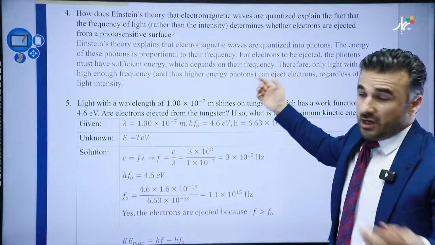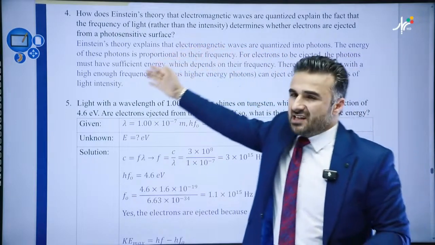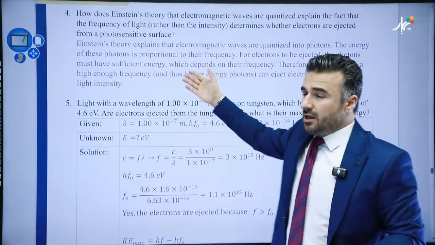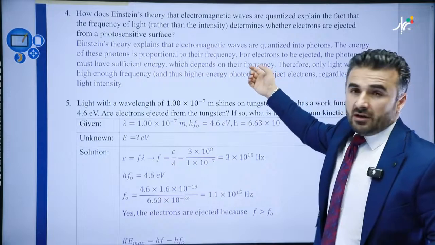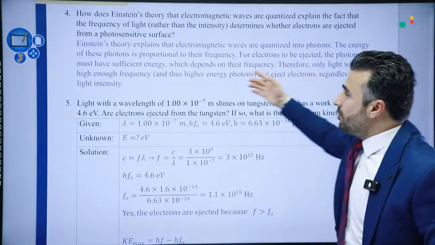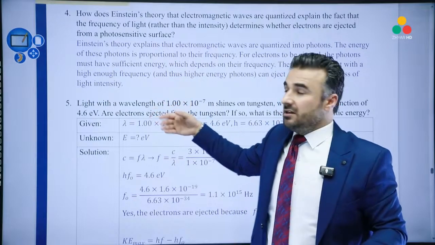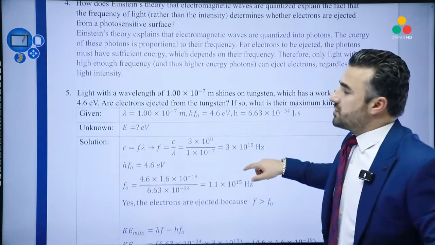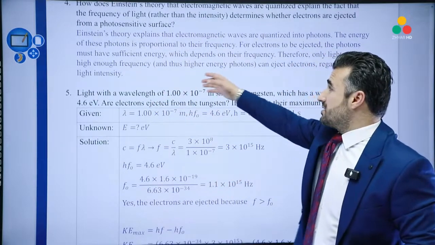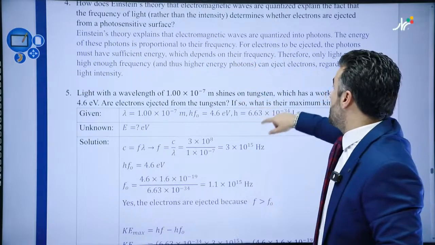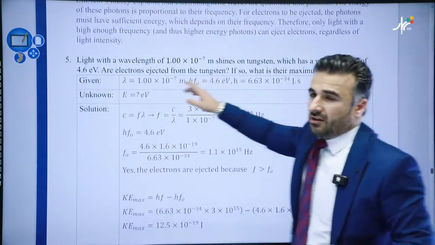So for electrons to be ejected, the photon must have a sufficient amount of energy, which depends on their frequency. Therefore, only light with high enough frequency can eject electrons from the surface of certain metals, and thus a higher energy photon can eject electrons regardless of the light intensity.